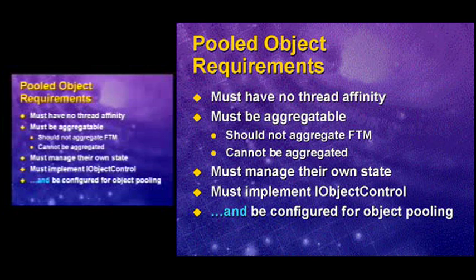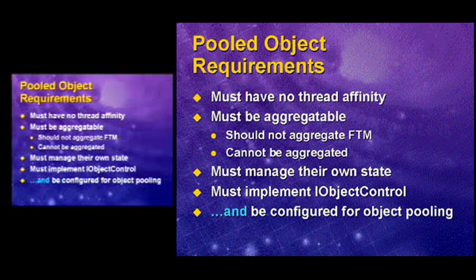Like I said, the resource dispensers and usually the MTS and COM+ environments do some of this for you. You must manage your own state yourself. And it's an absolute requirement that you implement IObjectControl, because this release, they're really going to listen, and when they call CanBePooled, they expect an answer back. And what's interesting is that you can answer yes to CanBePooled some of the times and no to CanBePooled some of the times. We'll talk about a little bit of the repercussions of that later on.